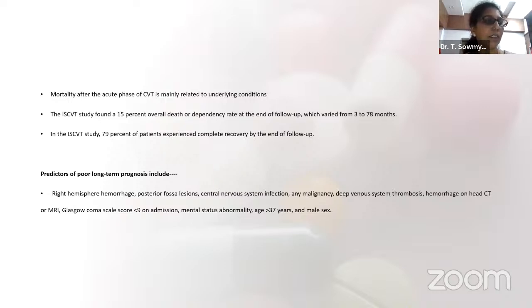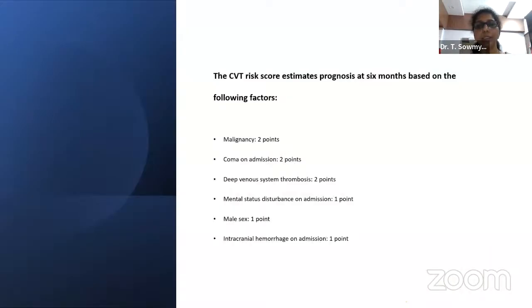It's a study done on 624 CVT patients with 16 months of follow-up. And the predictors of poor long-term prognosis are the same as I said before: right hemisphere hemorrhage, posterior fossa lesion, central nervous system infections, malignancy, DVT, and GCS less than 9 with a mental status abnormality, and age of more than 37 years and male sex.